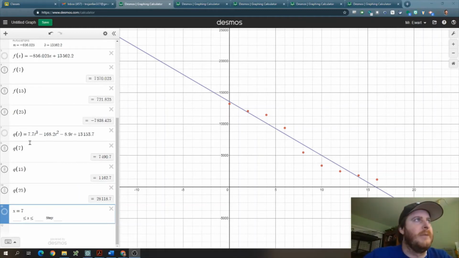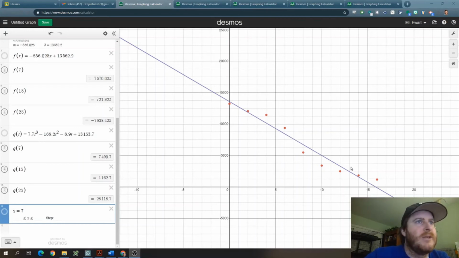Right? Then we could do the same thing for f of 15, 721 CDs. And the same thing for f of 25, negative 7,838. So we can see that the 2007 data, around year 7, looks like a good prediction, right?